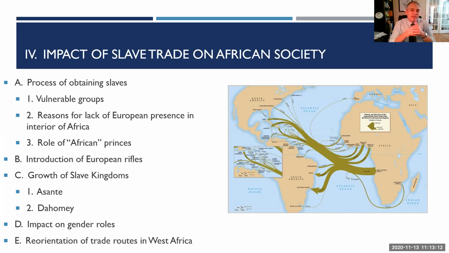When we bring about the transatlantic slave trade in history, the trade reorients itself to the Atlantic coast. It starts to go south and west. And the trans-Saharan trade that we studied continues on, but it begins to diminish, and it's being replaced by a new trade network that goes through the southern and western coasts of the Atlantic Ocean.